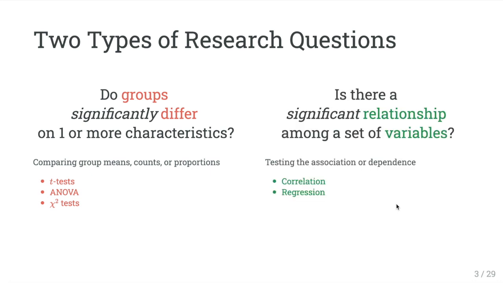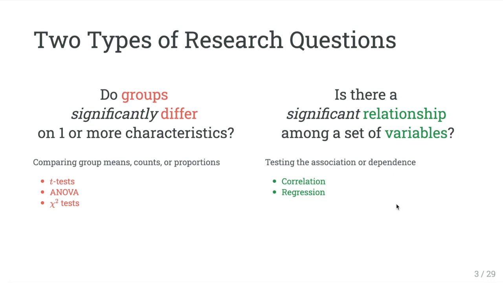The other one is whether or not there's a significant relationship among a set of variables. These are more asking the question, if this one goes up, does the other one tend to go up? If I increase my exercise, does that tend to increase my health? These are normally going to be done using correlation and regression.